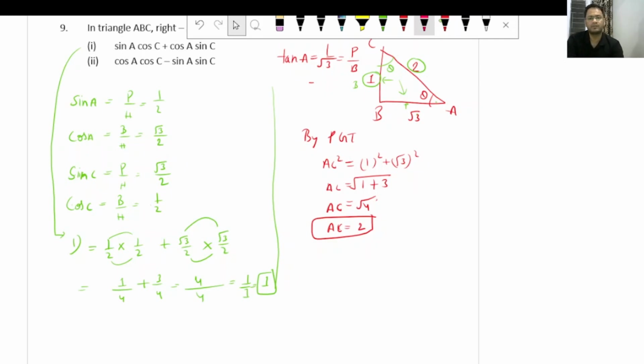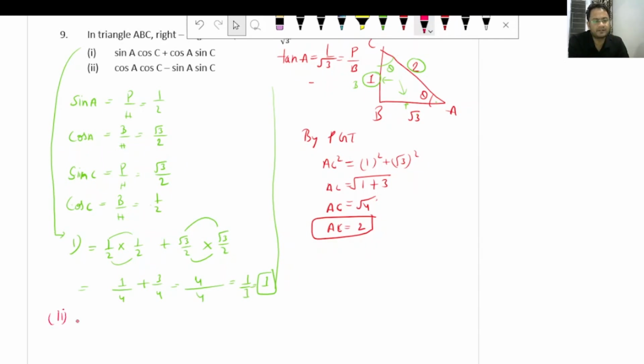Now we need to solve part B. In part B, cos A and cos C are already here, so root 3 by 2 multiplied by cos C, that is 1 by 2, and the sign is negative, so I'll put a negative sign here. Then sin A sin C, so 1 by 2 multiplied by root 3 by 2.